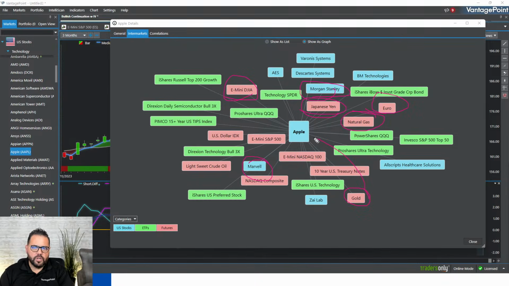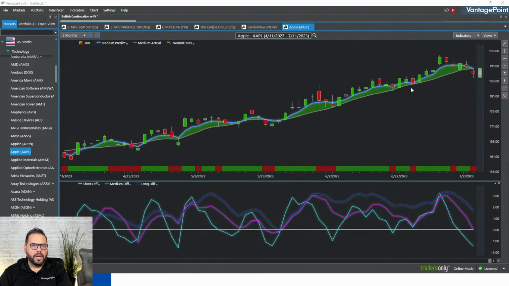Gold has an influence on Apple's price, right? So the AI has figured all this out. You don't have to do any of this. It's doing it behind the scenes, and it's using, this is called intermarket analysis, by the way. It's a patented process. But it's using this information to predict where Apple is expected to go with a high degree of accuracy. And it does that for all of the assets, the Dow, the NASDAQ, ServiceNow. They all have their own intermarkets.